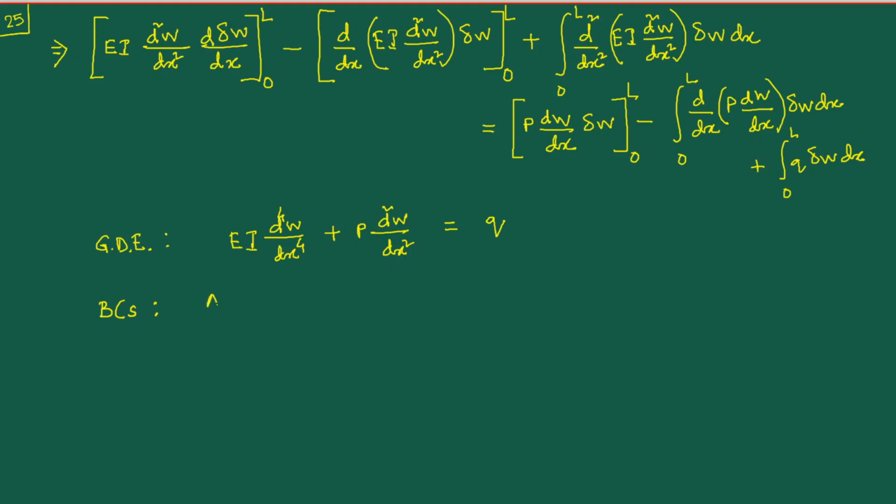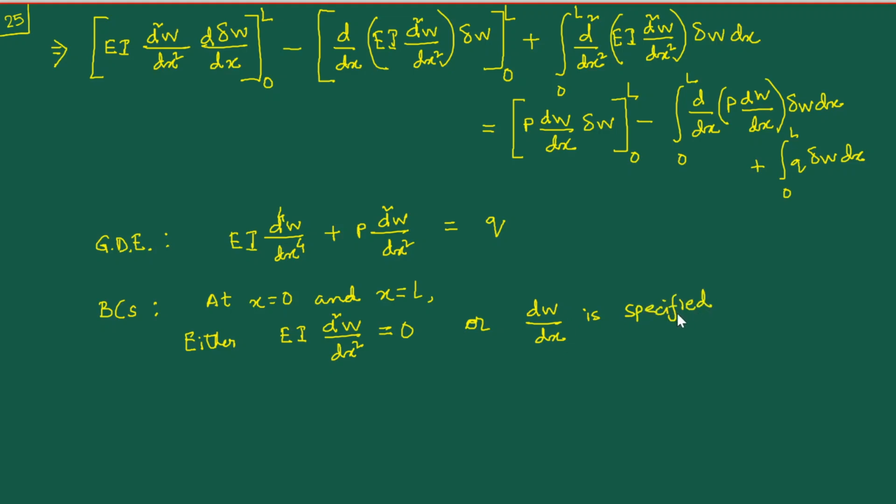For the boundary conditions, what I'll have is at x equal to 0 and x equal to L, either, so I'm going to utilize these boundary terms to write down my first set of equations, either ei d square w dx square is equal to 0, or dw dx is specified.